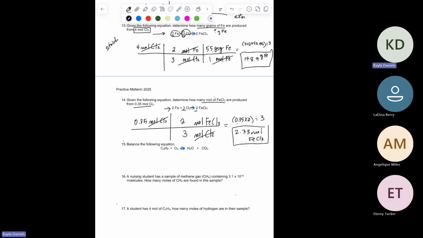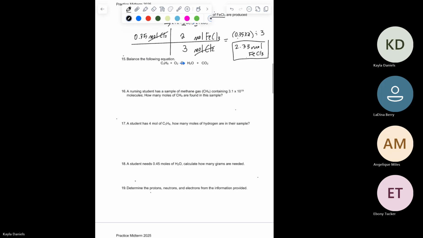All right, 15 is balancing. We talked about balancing back in lecture 2, I believe. I taught you guys to draw a line down where the reaction arrow is, list each of the elements in the same order on both sides, and start by doing an initial count.